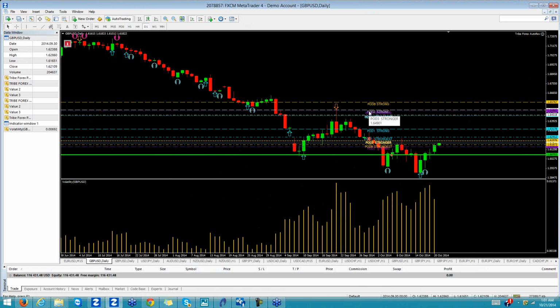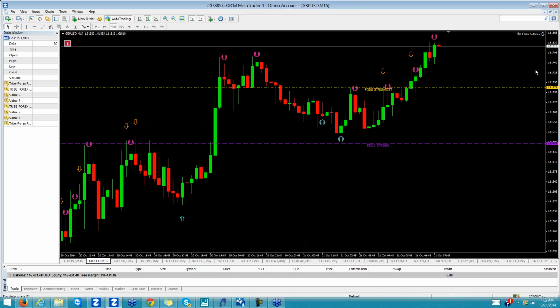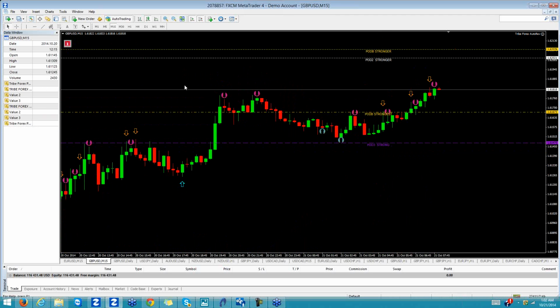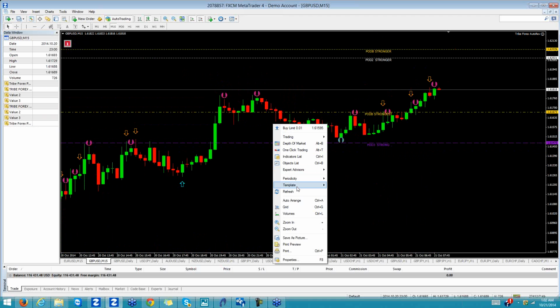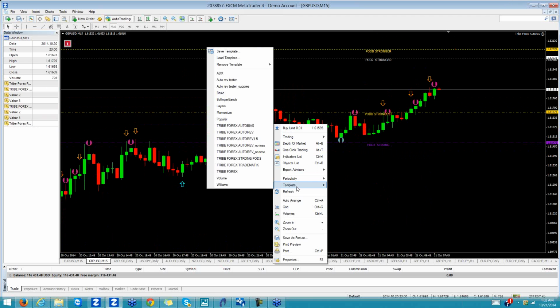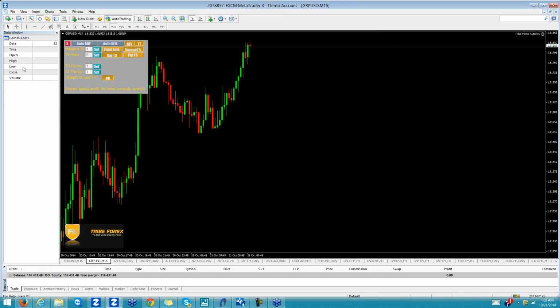The pound dollar, we are looking for 62.15, I believe. So I go down to the lower time frame. I'll be looking for it there. We're not quite there. We've actually got our pods on there, so I'm not going to touch that.